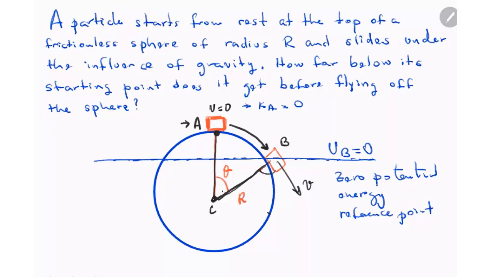So this distance is r. The distance between this point and this point is h. Okay? This distance between this point and the center is r minus h. Okay, guys?